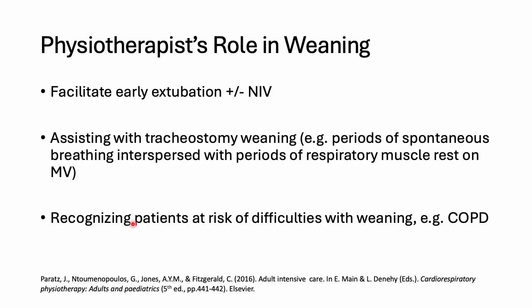Okay, and for some patients with difficulty weaning, especially patients with long-standing chronic respiratory dysfunction or lung diseases like COPD, you may also help to identify and inform the team that the patient might not be that ready for extubation at this point in time, or may need a longer period of time, or may suggest changes in medical management to help the patient in terms of, say, airway clearance management.